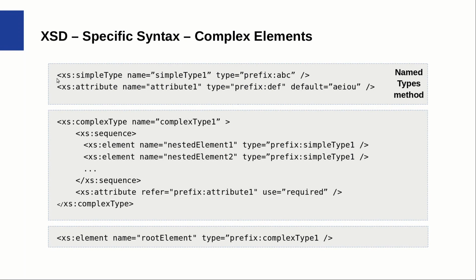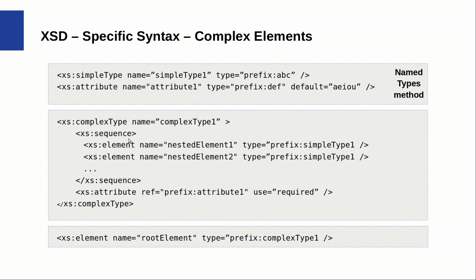So this simple type globally declared is being reused 2 times here at this complex type, and you can reuse it in any complex types and later elements you want. And that's one of the big advantages of this kind of method declaration, named types, or also with the divided method, where you can also do the same reuse.